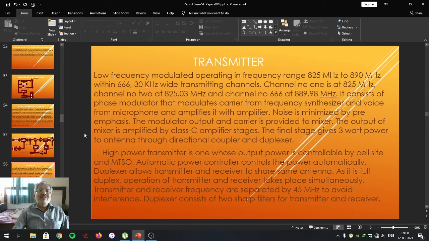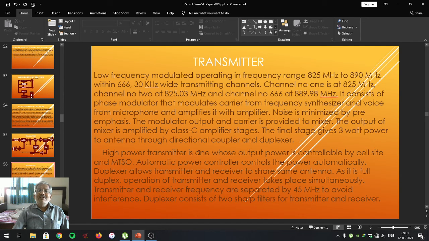The output of the mixer is amplified by Class A amplifier stages. Class A amplifier means high efficiency, which was studied in BSc Part 2. Class A push-pull, Class B push-pull, Class C push-pull, all these are power amplifiers with increasing efficiency. The final stage gives 3 watt power to the antenna through the directional coupler and duplexer.